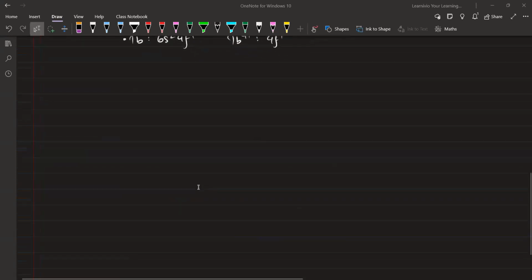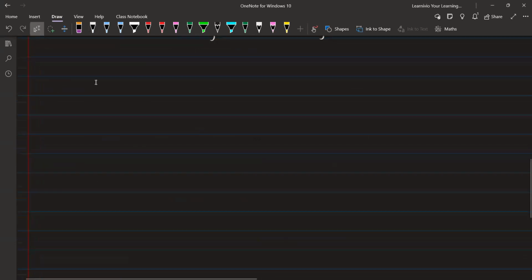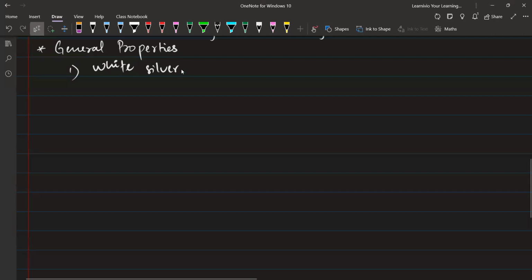Right. Some general properties. First one: lanthanides are generally white, silvery, soft metals.